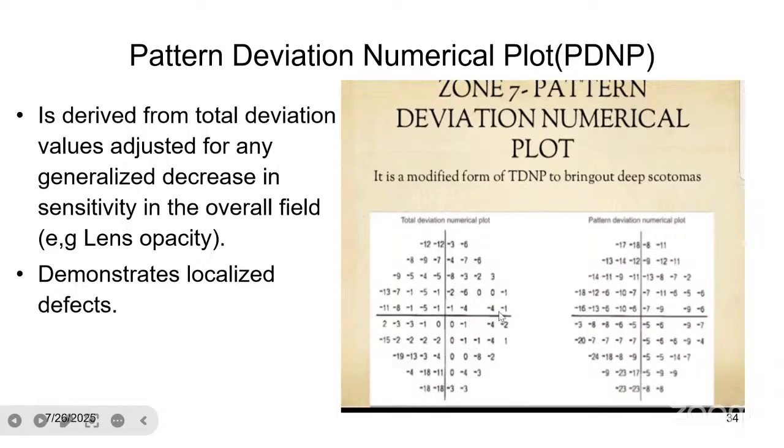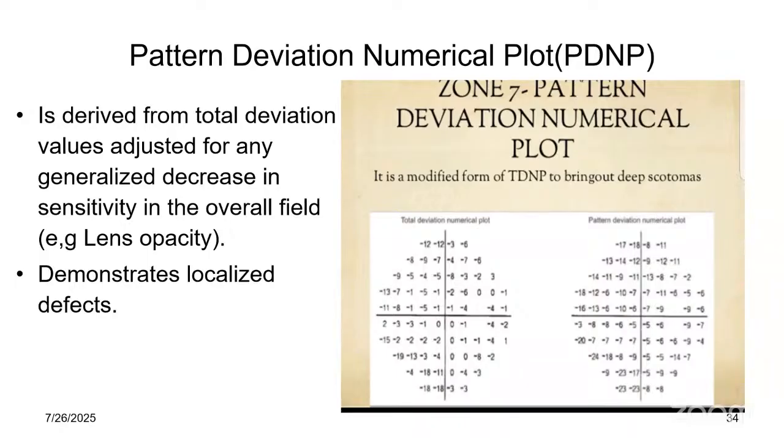Once you do this, what you aim for is to reduce the deviation from the normal. So some points still retain the deviation from the normal population, while some points will become 0 and will be of lesser significance, have a lesser probability value, and so will not be significant.